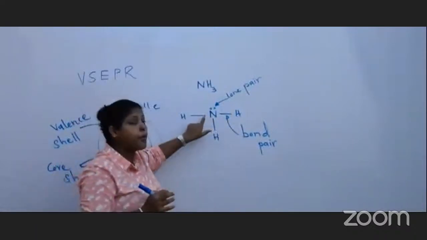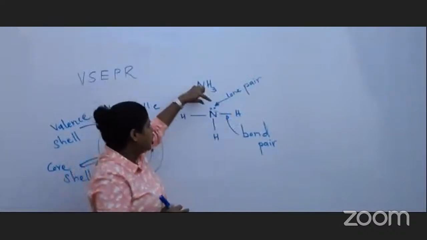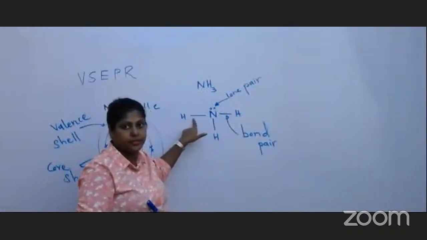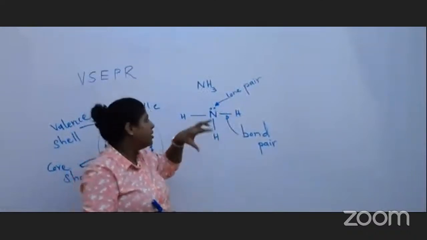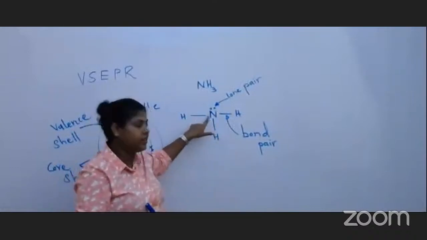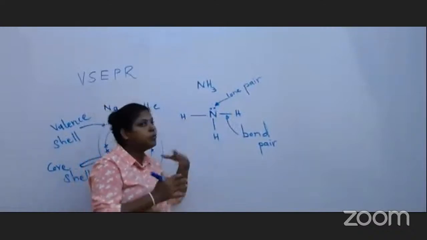So when you take the ammonia molecule, it has two kinds of electrons: the lone pair, 2 electrons, and bonded pairs. A bond is formed by sharing electrons, 1 electron of nitrogen and 1 electron of hydrogen.